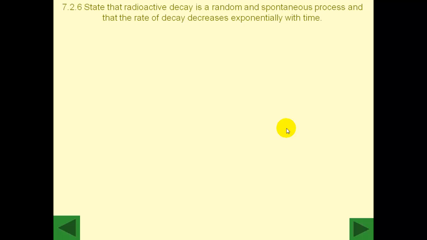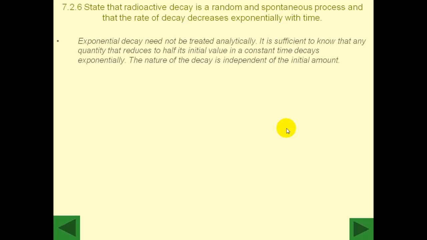The nature of radioactive decay is a random and spontaneous process, and it decreases exponentially with time. You need to know that the exponential decay decreases to half its value in a certain amount of time, which is called the half-life.